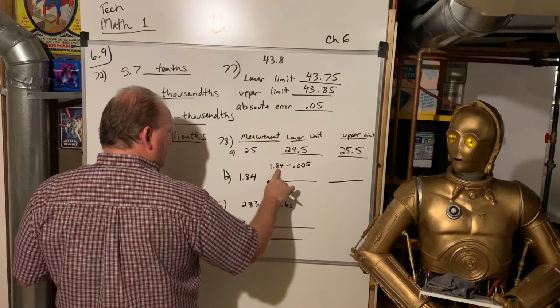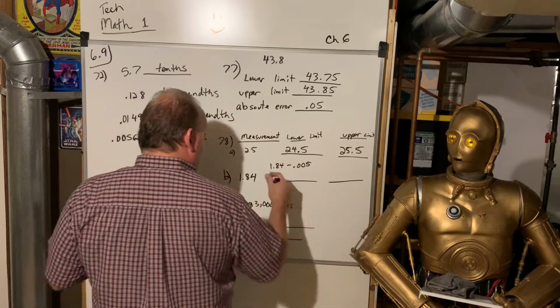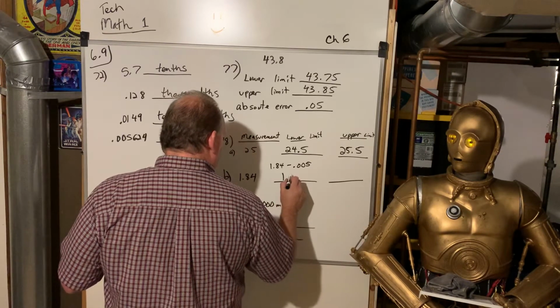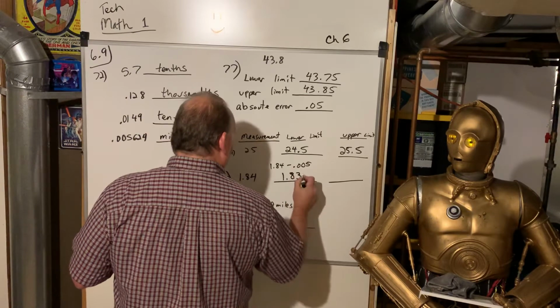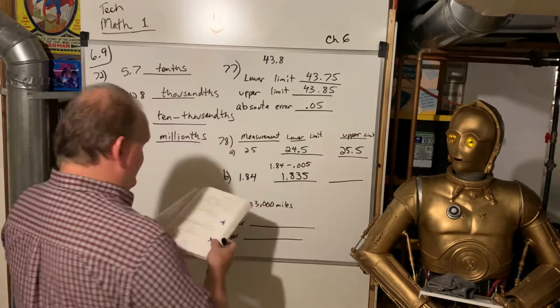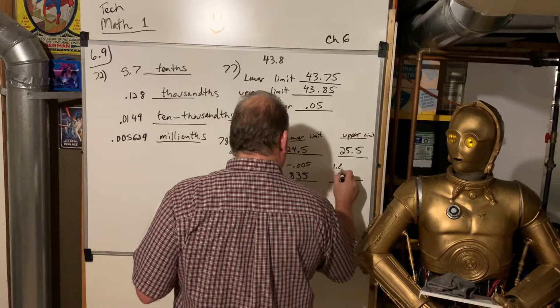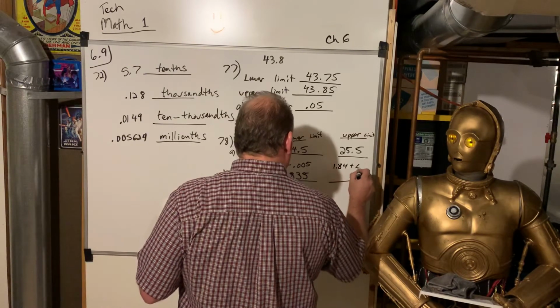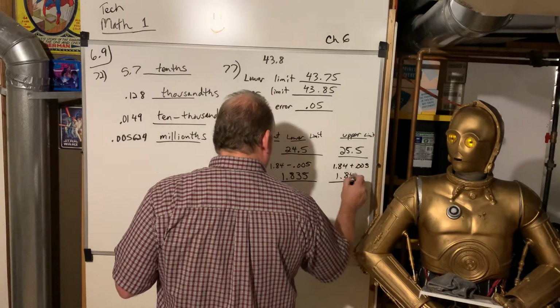Notice I went to two places, tenths, hundredths, and then I went to thousandths place, always with a 5. All right, and so then we get 1.835, right? And 1.845, because it would be 1.84 plus 0.005. So that's a little easier, 1.845.